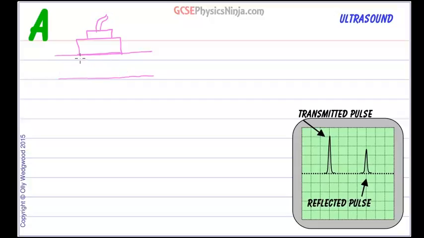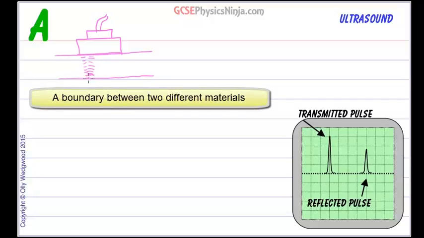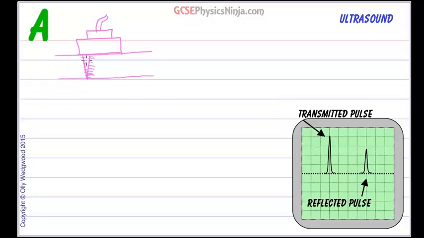The ultrasound transmitter will transmit some ultrasound pulses of sound, and we'll get a partial reflection from the muscle layer because it's a different type of material with a different density in it. And so our ultrasound pulse has traveled there and back again. So whatever distance we calculate, we must divide by 2 to get the correct thickness of this muscle layer.